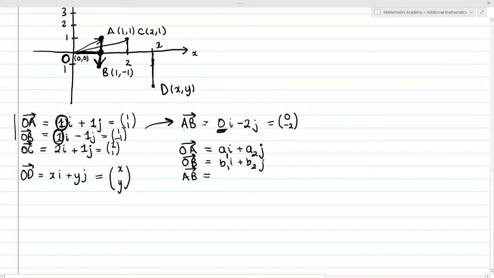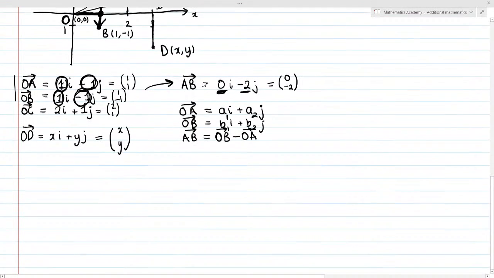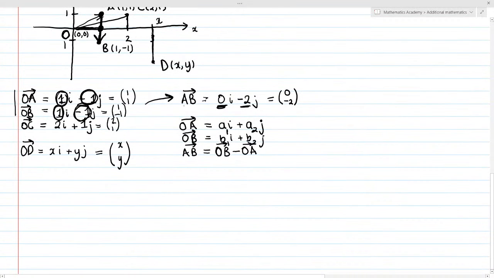And so what we did was subtract, we did OB subtract OA in order to get that part of the answer. Okay, and so what it looks like right now is that the vector AB is always the vector OB minus the vector OA, right? And so is that true or is it not true?